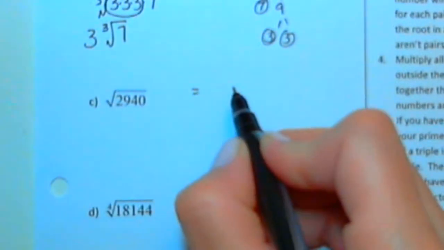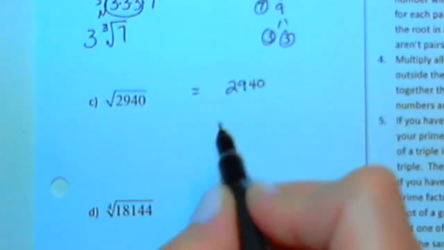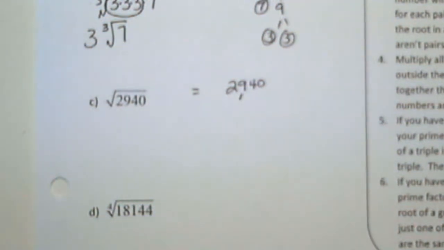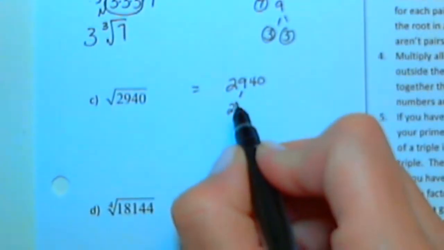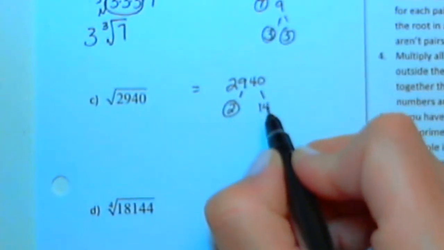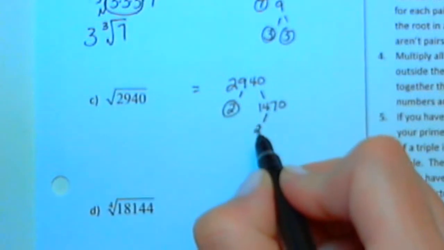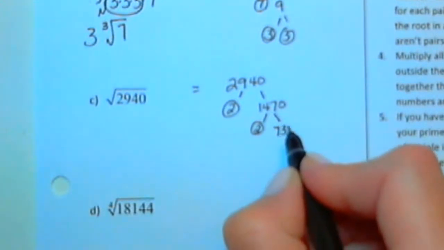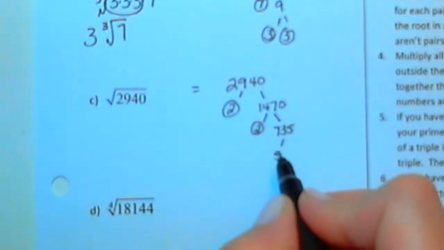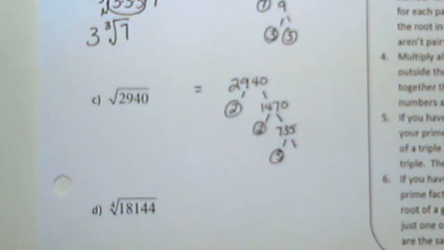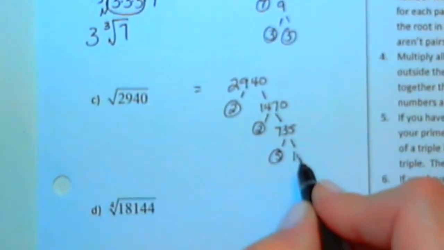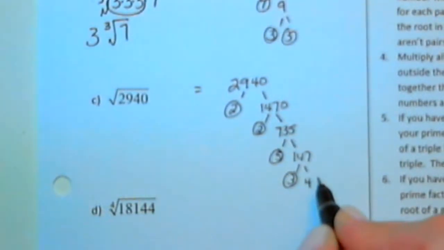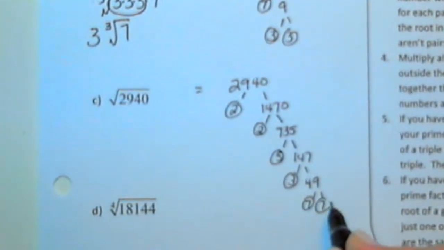2940. Well, I don't think I'm going to have enough room here for this one. It is going to be 2 times 1470, which is going to be 2 times 735, which is going to be 5 times 147, which is going to be 3 times 49, which is 7 times 7.